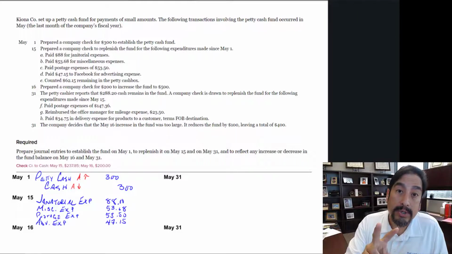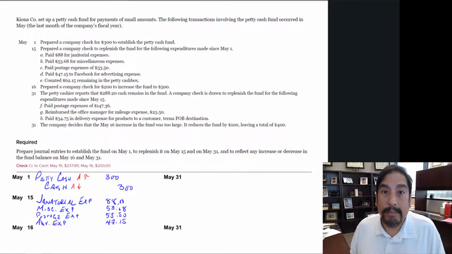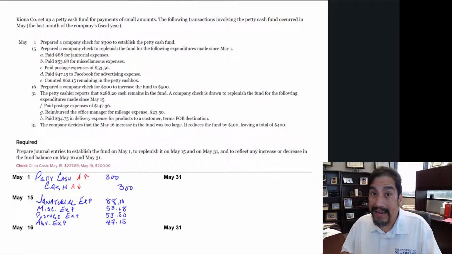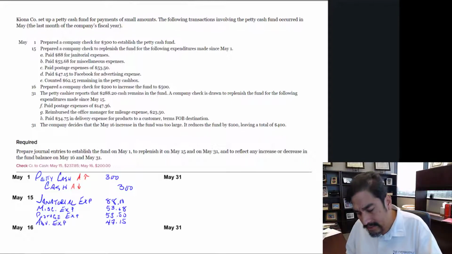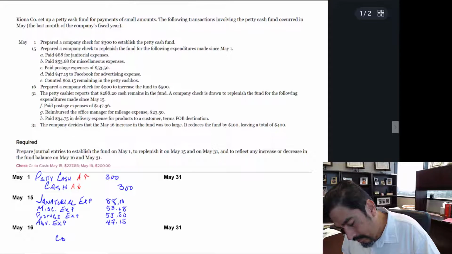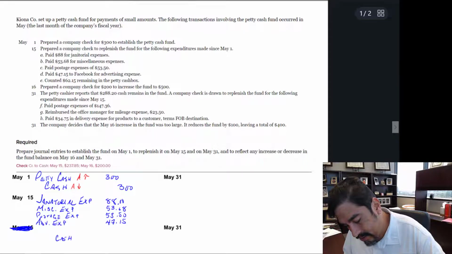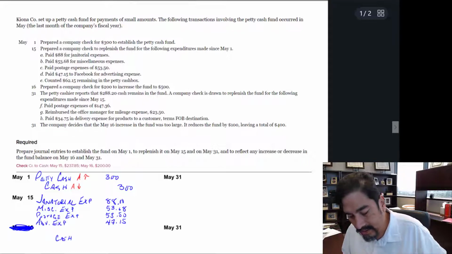The second thing we're doing with this journal entry is we're replenishing the cash. I know that our cash doesn't add up, right? Our receipts and our cash don't add up exactly to 300. So I know there's going to be a cash over short line. I'm going to leave a little bit of space. I'm moving into this next journal entry area, so let me scratch that out so there's no confusion.